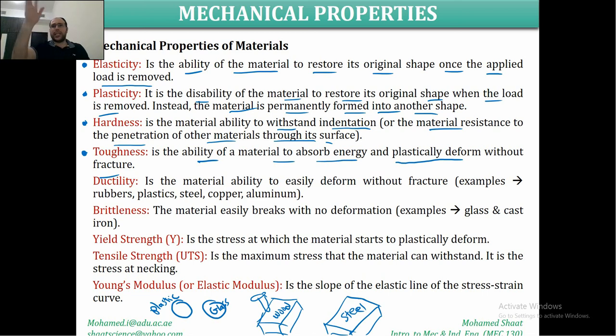You throw the glass ball. What do you think? It will be completely fractured once it hits the wall. It will not bounce back; it will be completely fractured over the ground. But how about the plastic ball? If you hit it against the ground, it will bounce back and return with no problem.